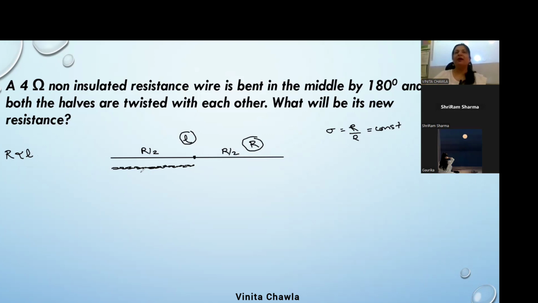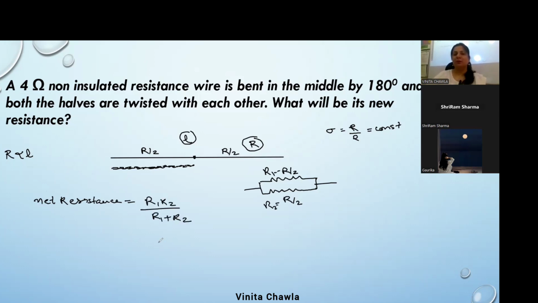Now we can find the net resistance. We can assume this as a parallel combination of two resistors, R by 2 and R by 2. For a parallel combination, we write R1 R2 upon R1 plus R2.